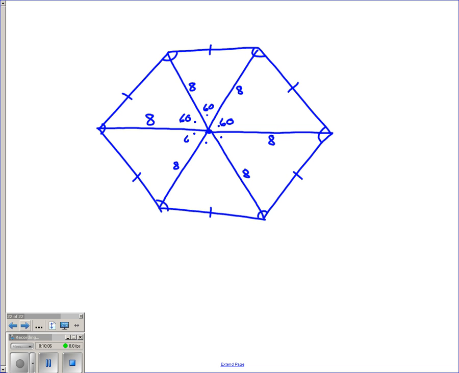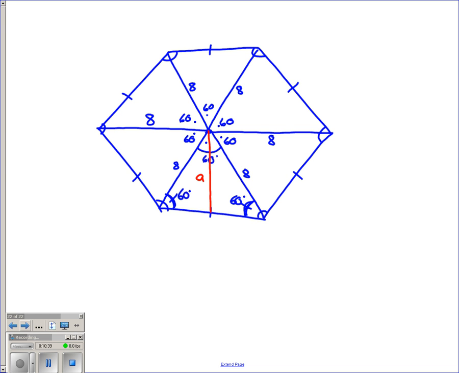Well, since these are all isosceles triangles, that means the two base angles on each of these triangles have to be congruent. Well, if this angle is 60, then the sum of the other two, when you subtract 60 from 180, has got to be 120. 120 divided by 2 is 60, so this is now an equilateral, equiangular triangle, and when you drop the apothem, that's the height of this triangle, the altitude.